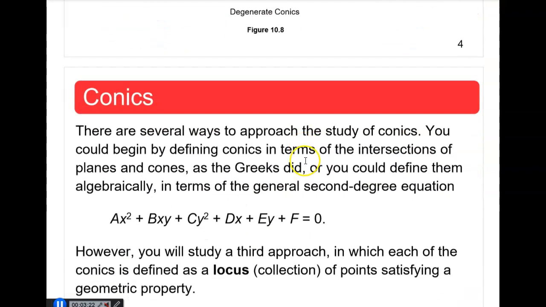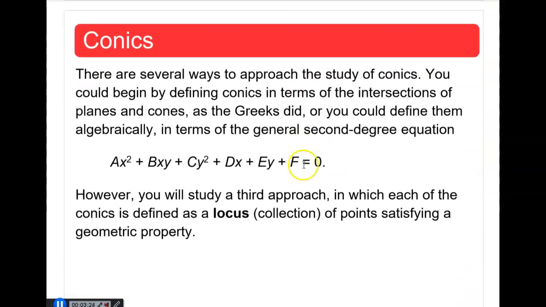Also, one thing that the video explains, I will not play the whole thing, is how to find if the equation is an ellipse, a circle, a parabola, or a hyperbola based on the coefficients that you see here.